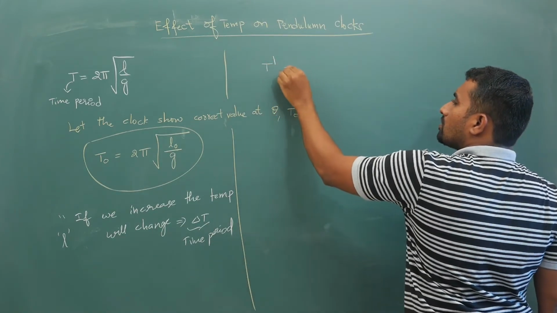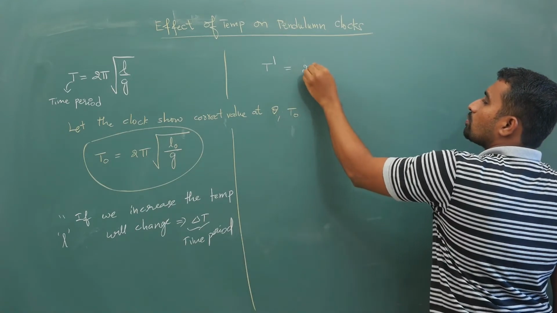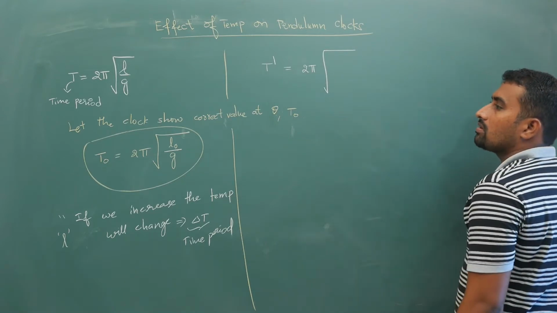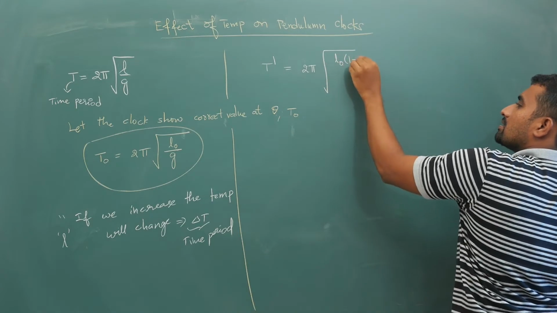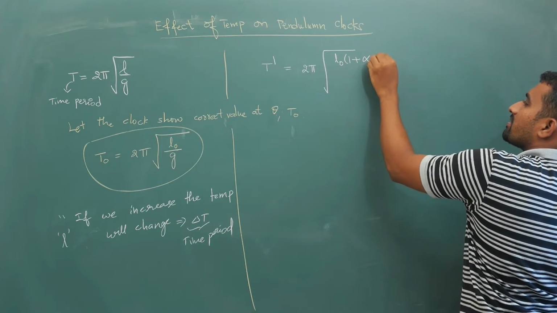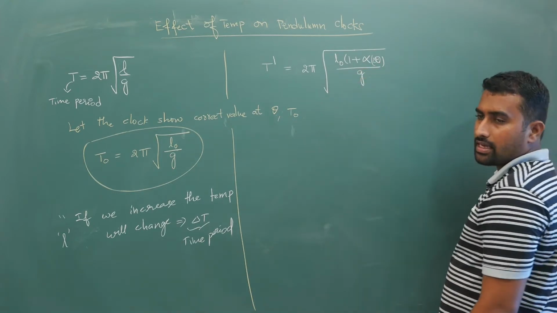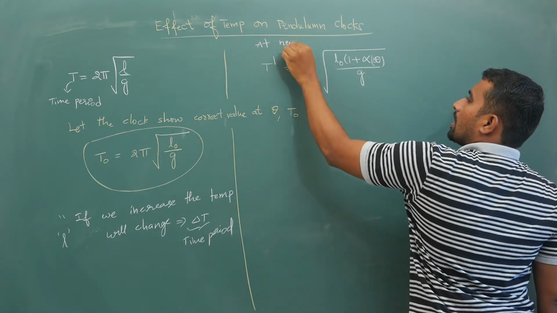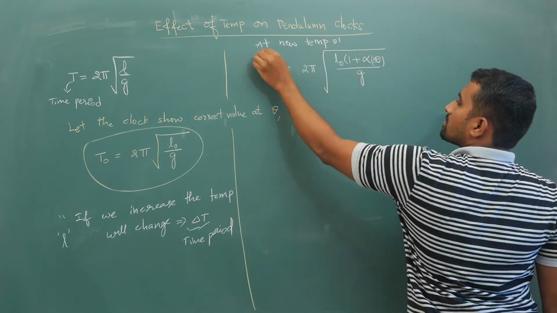So your new time period T dash is 2 pi into under root of the final length. Your final length is L dash, which can be written as L naught into 1 plus alpha into the temperature difference delta theta, whole divided by g. I am taking this at a new temperature theta dash.